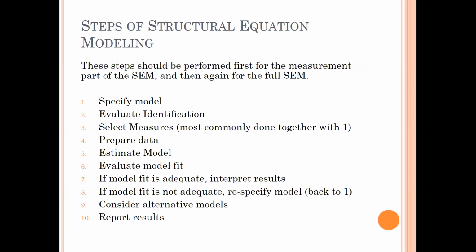Then you prepare your data, dealing with outliers and missing data in that step. Then you estimate the model and evaluate model fit, which means does the model represent the data reasonably well. If model fit is adequate, you interpret the results. If model fit is not adequate, you have to re-specify the model using alternative theories and other sources of information. Then you consider the alternative models and report the results.